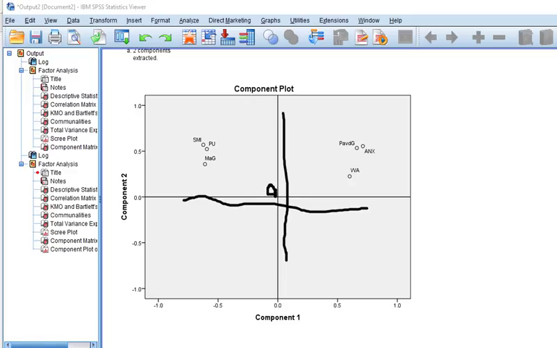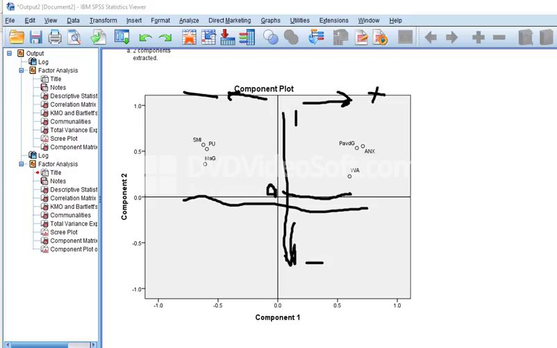So we would have a correlation of a variable on one component. Starting at 0 and going this direction, these are positive correlations. If we're going horizontally in this direction, on this side we would be observing negative correlations. Vertically, as we're going downward on component 2, these are negative correlations, and if we're going upward on component 2, those are positive correlations.